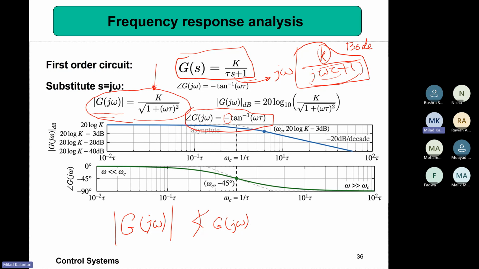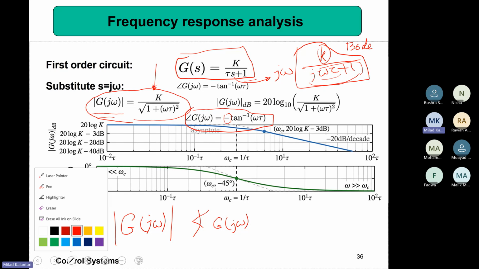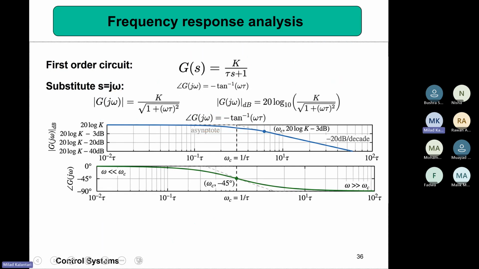And then there is a rule to plot this. So let me clean it a bit. We try to plot on the logarithmic scale, right? The logarithmic frequency, and also for the amplitude, we use 20 log of the magnitude.